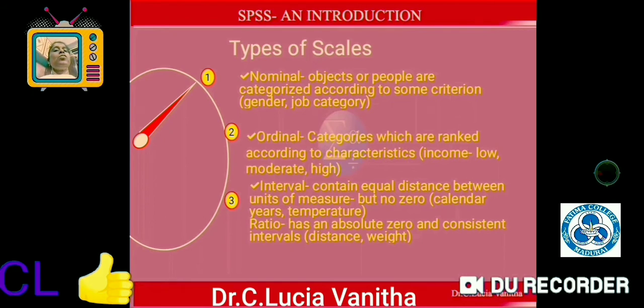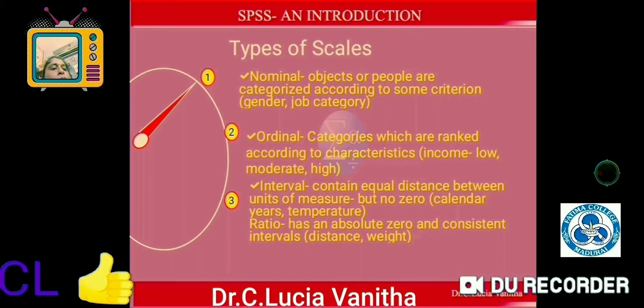So in that case also we have divided it category wise, according to some criterion. No analysis is possible here. Next one is ordinal. Here categories are ranked according to some characteristics. Say if you take income: low income, high income, medium income or moderate income. Like that we can categorize them. That is what we call ordinal.